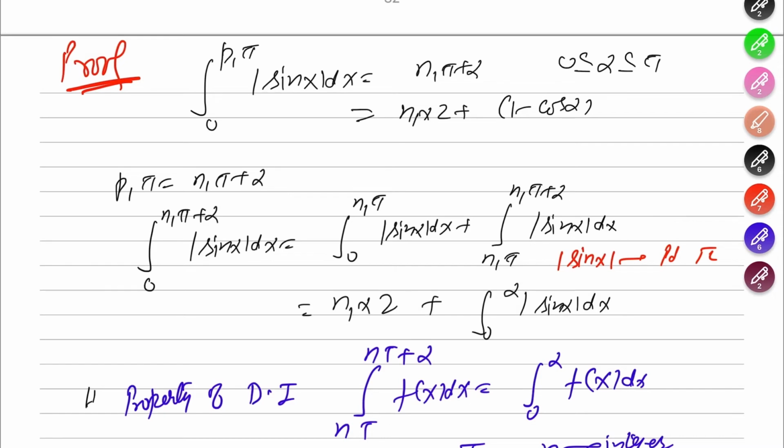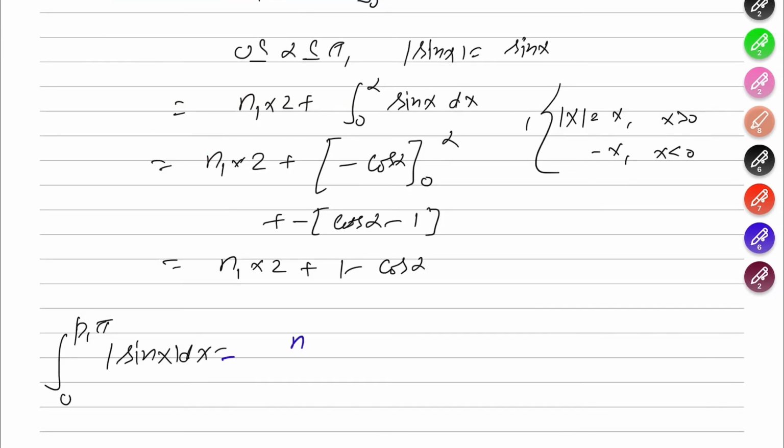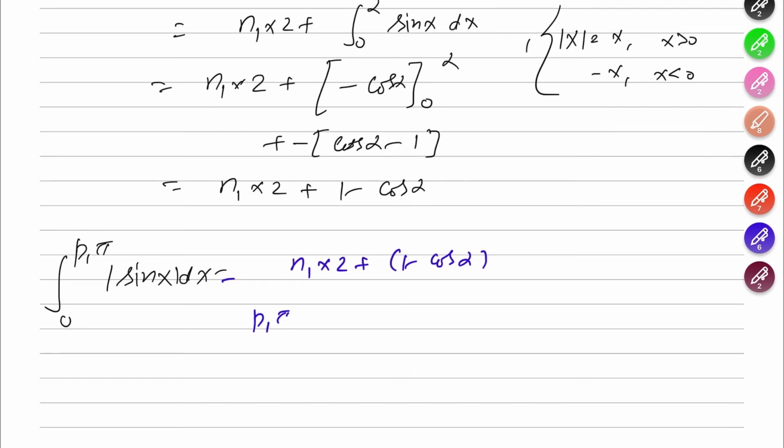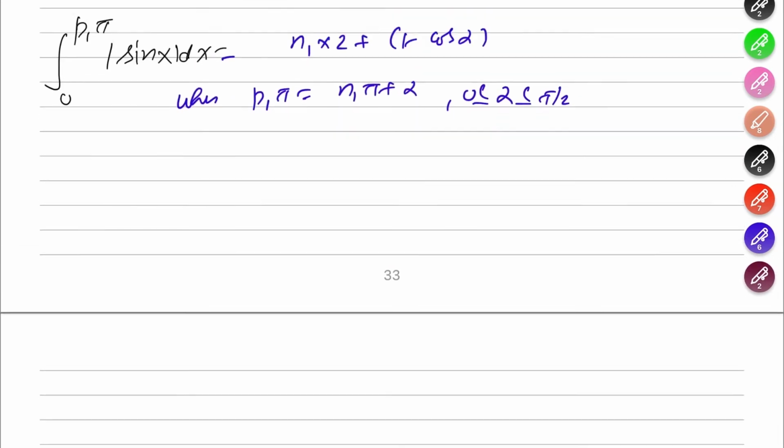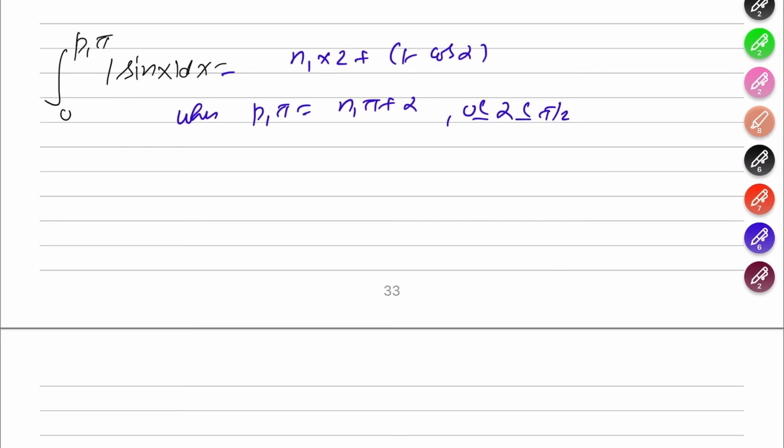This is how we integrate this part, and hence we prove that the integral is n1 into 2 plus 1 minus cos alpha, where p1 pi is written as n1 pi plus alpha, and alpha is from 0 to pi by 2. So hence proved.